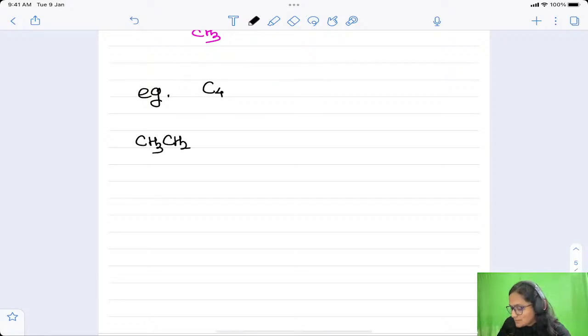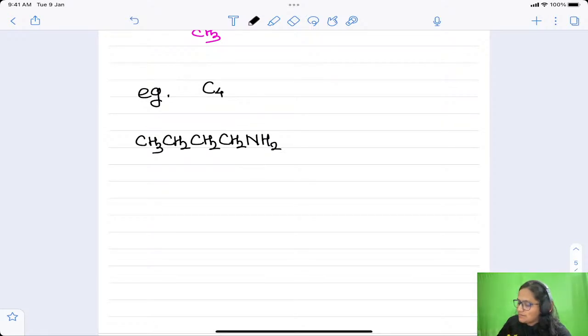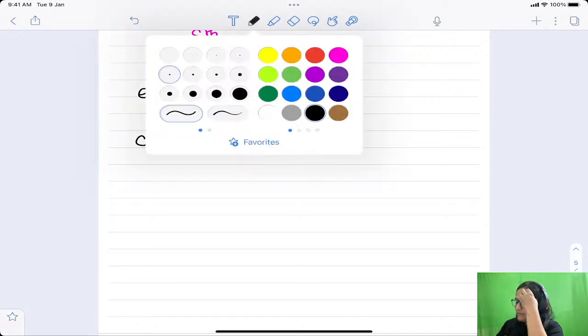CH3, CH2, CH2, NH2, right? C4H11N. Okay, so this is the molecular formula. Let us see how many isomers are possible for this molecular formula, one by one.